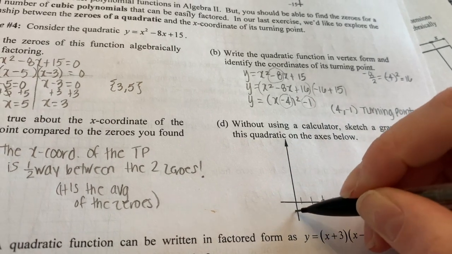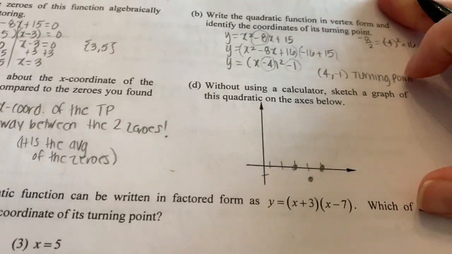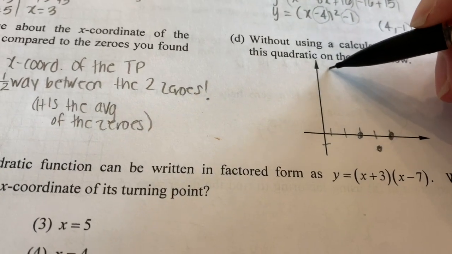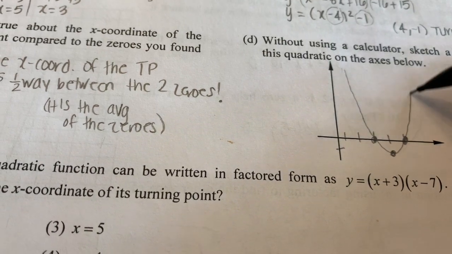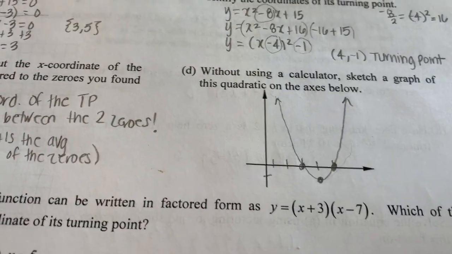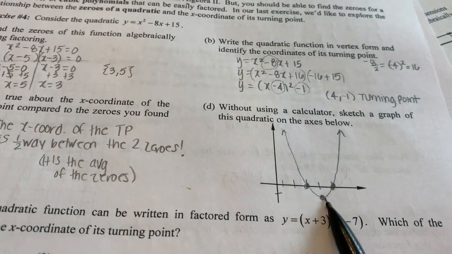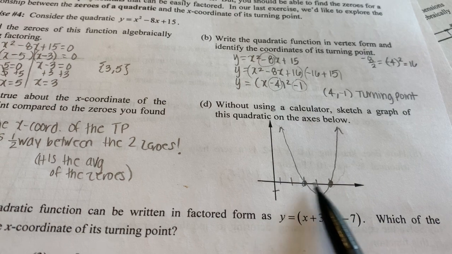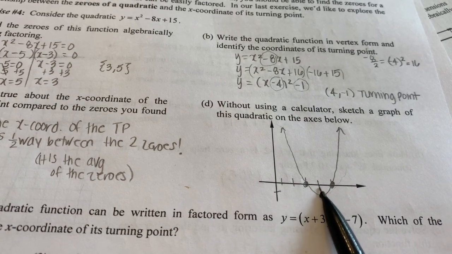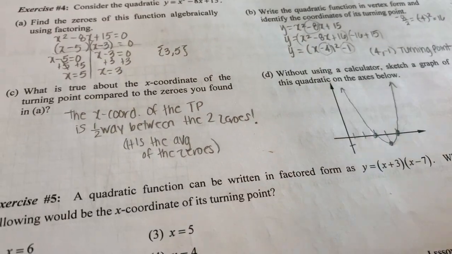So here's 4, and here's negative 1. Those are the only three points I need to draw a rough sketch. So here we go, just like that. If you think about it, you have your two zeros, and the x-coordinate of your turning point should be halfway between them, because that's where it starts to mirror itself on the other side, right?